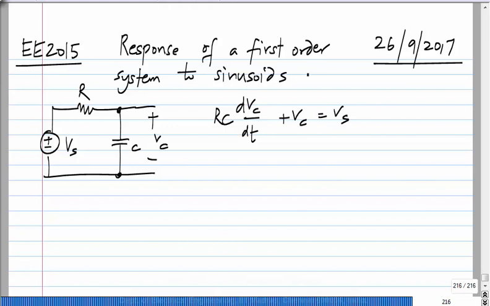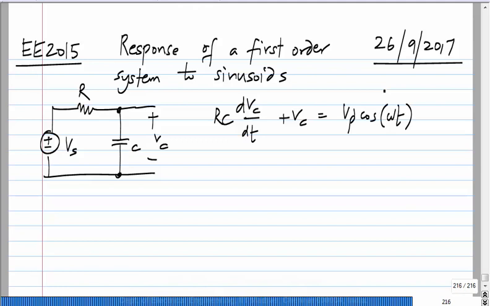Now Vs, let's say, is Vp cos omega t. I mean, yesterday I had a plus phi in here, but that's okay, that's a detail, right? Now we identified a couple of possible ways of solving this.